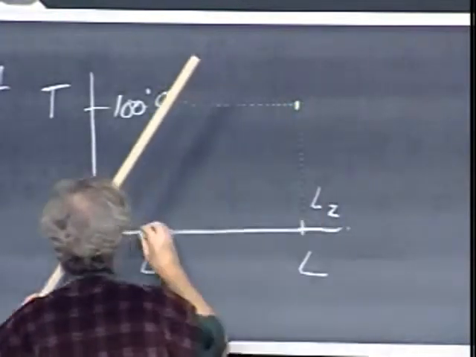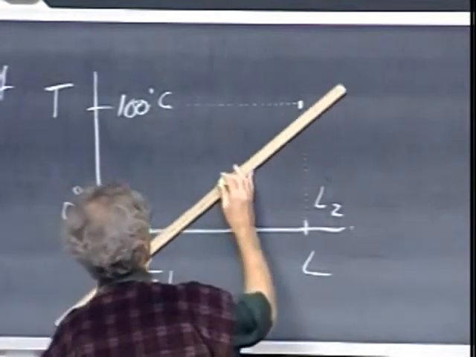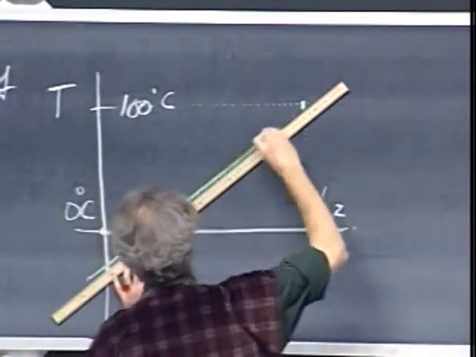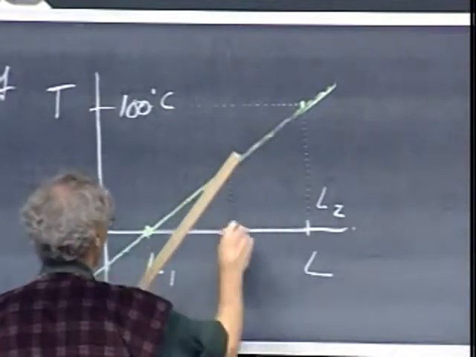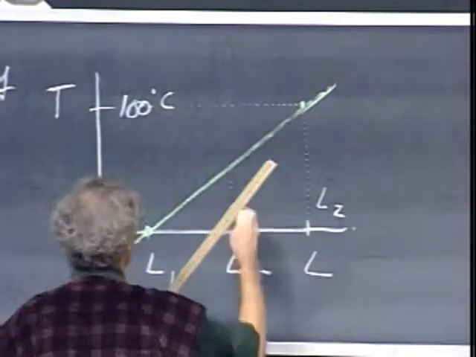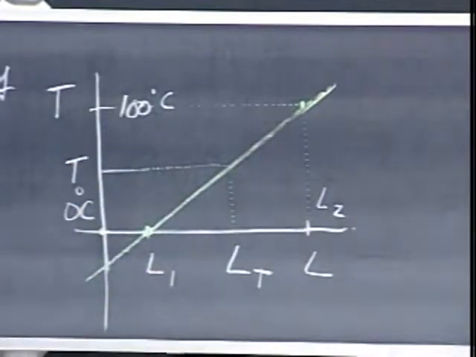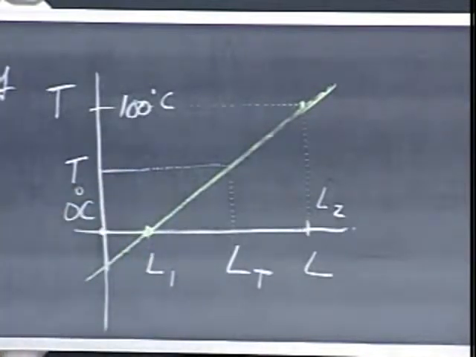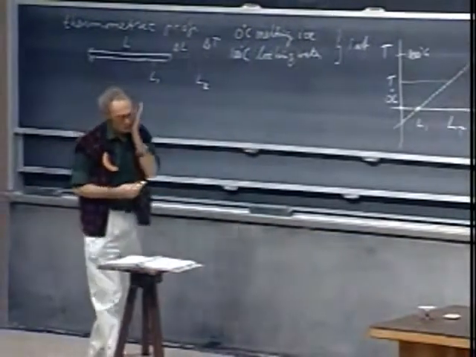You have 1 point here, you have 1 point there. And you can define temperature now by saying, if my bar has this length, L of T, then this would be the temperature. So you can introduce a linear scale in this fashion, and this thing, in principle, could act like a thermometer. I'll show you a demonstration of this shortly.